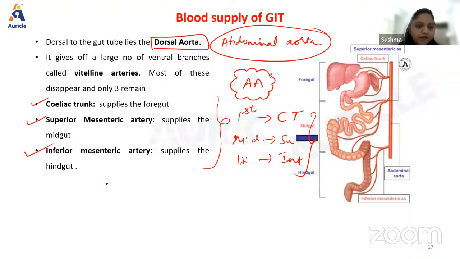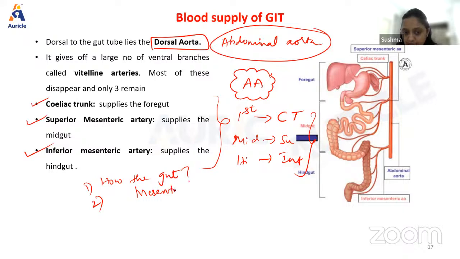So what have we learned so far? We have learned how the gut is formed. This is very important. Okay, how the gut and from where the gut is coming. That's the first question that we've learned. Second, we learned what mesentery is. Again, that's a very important concept to understand. Third, blood supply of GI. Okay, blood supply of GIT. This is a for sure question. It will be asked in your exam in one way or the other.